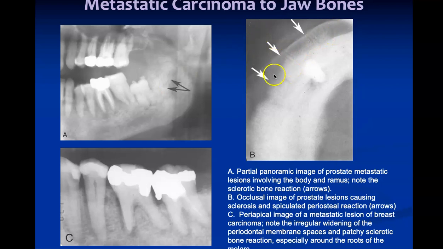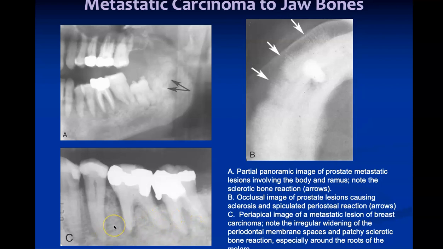This is showing you B here, the spiculated growth, that sunburst pattern on the facial or the lingual aspect, basically the cortical aspect of the bone. And here again, that moth-eaten, irregular radiolucency. Here's that widening of the PDL space here.